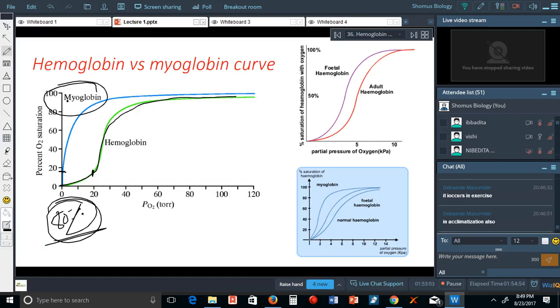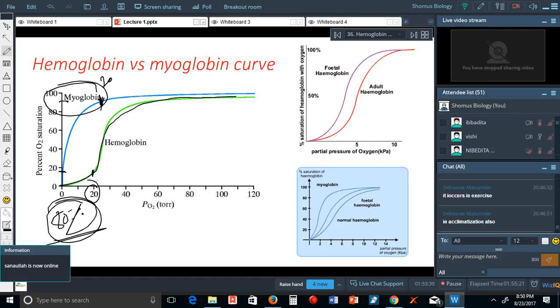So what about myoglobin? If you look at myoglobin's oxygen dissociation curve, in contrast with the hemoglobin's, what's the difference? You can check that while the partial pressure of oxygen drops to 20 torr for both myoglobin and hemoglobin, 80% of the hemoglobin has already dissociated all the oxygen.